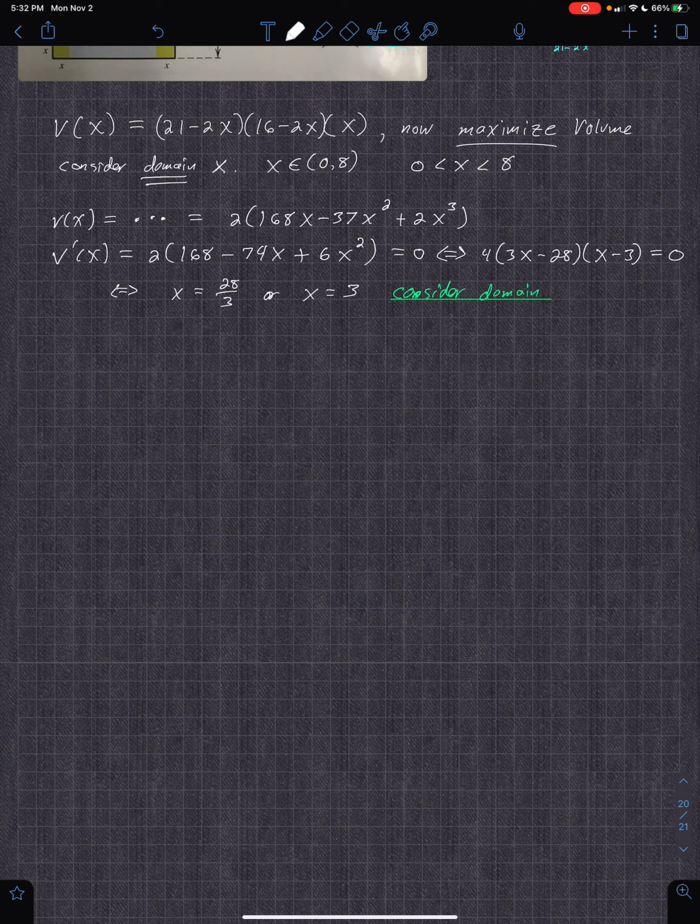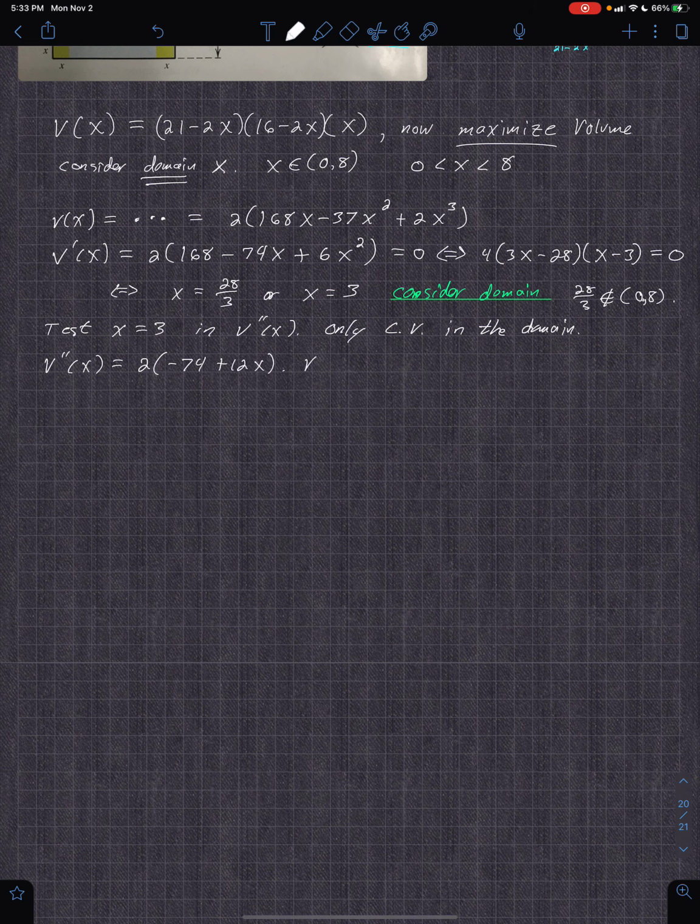So we want to test x equal to 3 in v double prime of x. It's the only critical value in the domain. All right, so you take v double prime of x equal to 2 times negative 74 plus 12x, and then you're using the second derivative test because v prime is equal to 0.